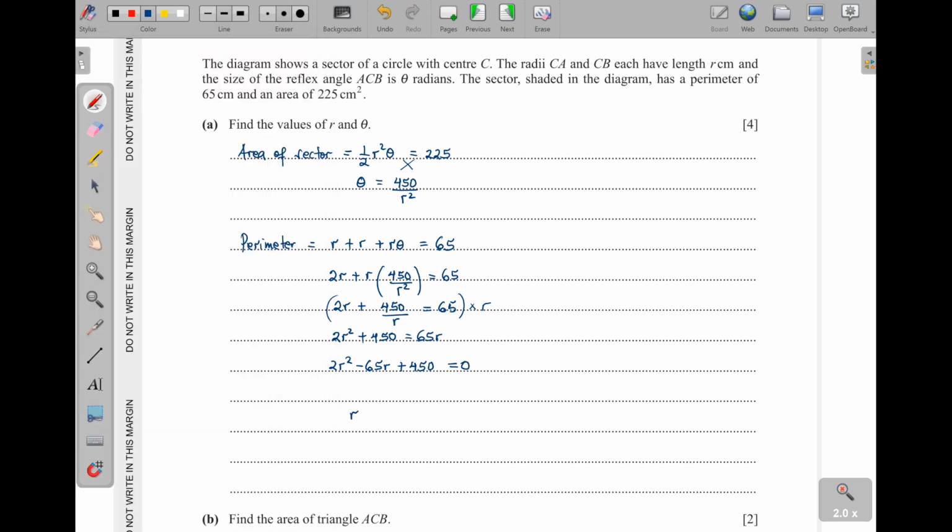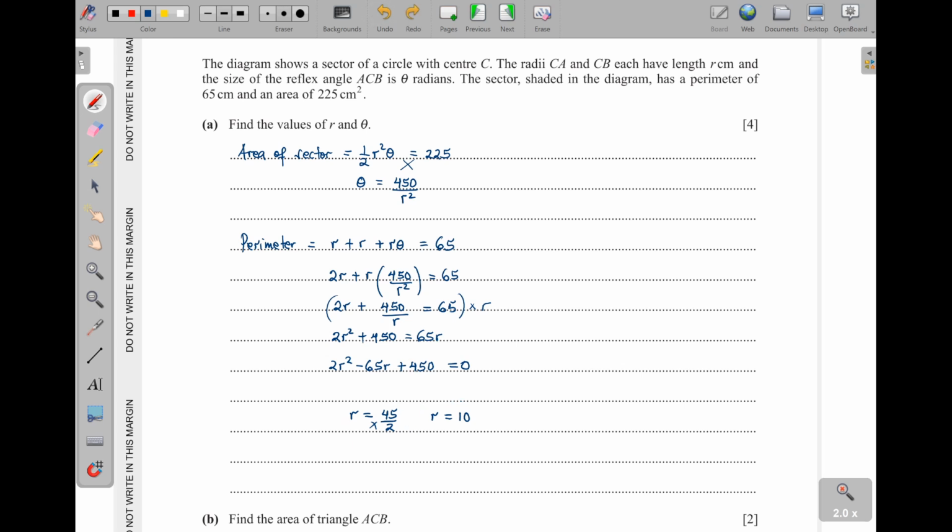So I can skip space here, and I say R is equal to 45 over 2, and also R is equal to 10. Remember, you are not supposed to do this in the exam, that when you reach here, you just write these answers. You need to show the examiner that you have solved the equation. So how do you do that? You can skip the space like I've done here. Then you can cross multiply. You need to give us the factor from which these roots are coming.